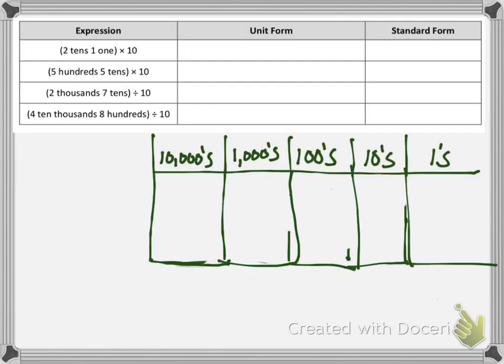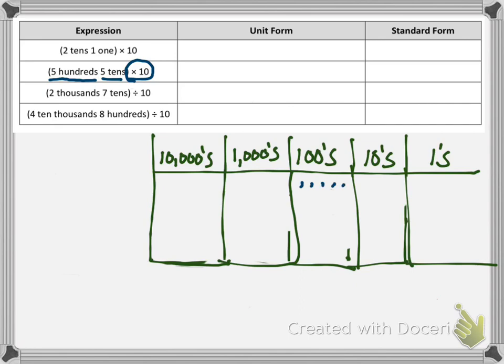All right, so we're going to practice this a little bit more using unit form and standard form. And how we're going to model this is by using our place value chart. We're going to focus on this one right here, 5 hundreds and 5 tens, and we need to multiply it by 10. So let's find the hundreds place in our place value chart, and we're going to put a 5 there. 1, 2, 3, 4, 5.